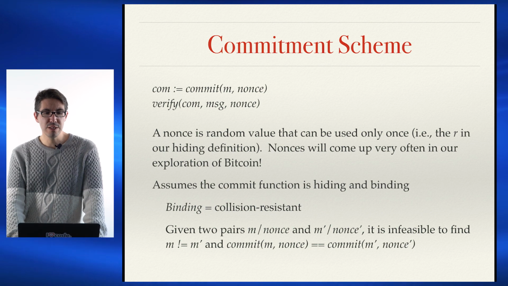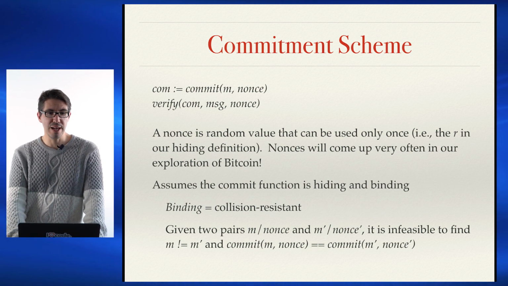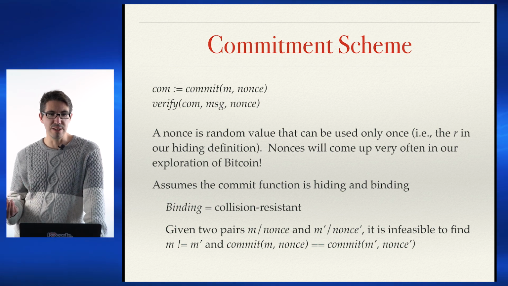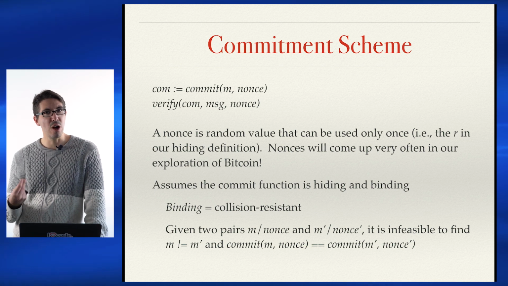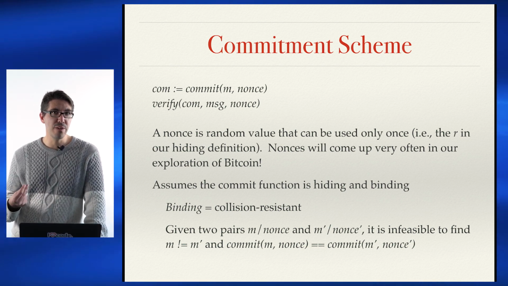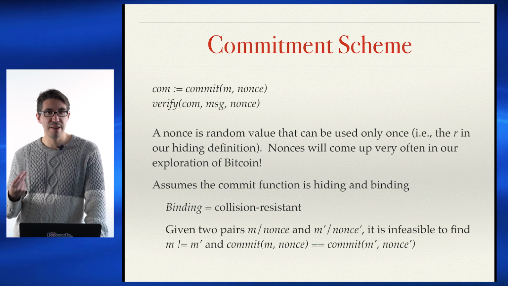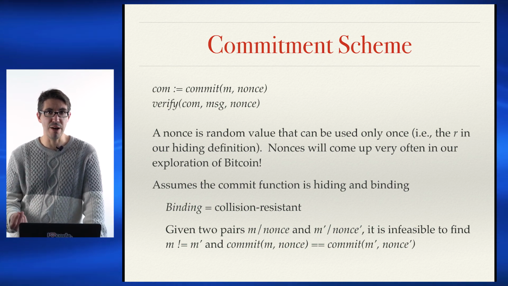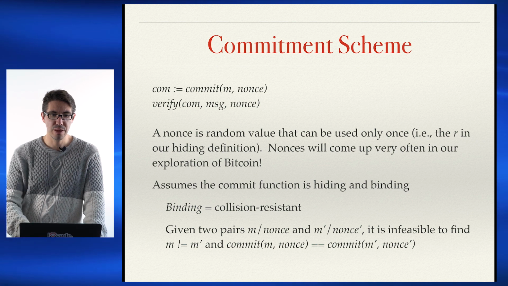So if we assume that this commit function is hiding, I can commit a message and add a nonce to it, and it's going to be very difficult, computationally infeasible, i.e. basically impossible, for somebody to find some other message and nonce that hashes to that same committed hash value.